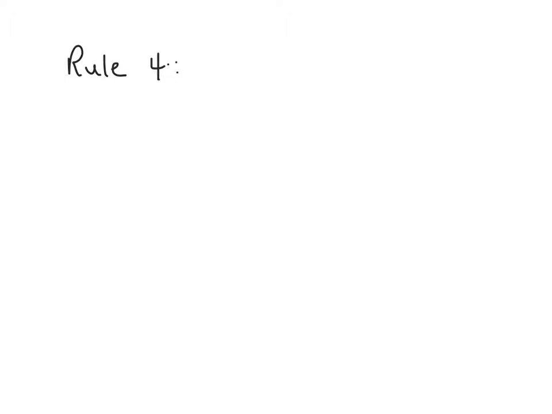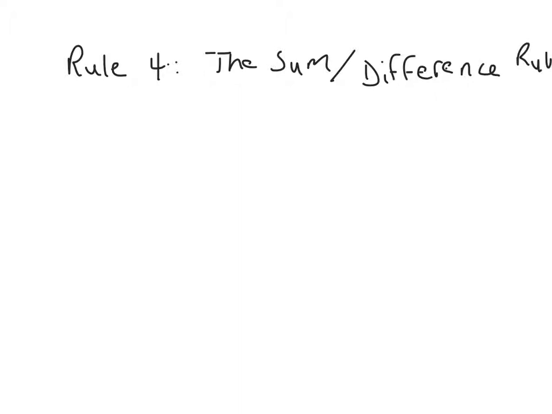So rule 4 is going to be the sum or difference rule. And I'm going to write it 2 ways. This is partly just so that we can get used to our notation. And some people will like one way better, some people will like the other way better.